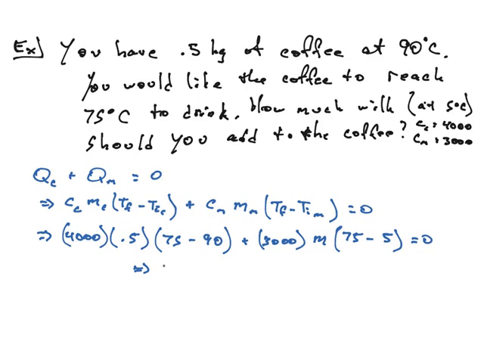And this becomes negative 30,000 plus 3,000 times m times 75 minus 5, which is just 70. So you get 21,000 times m.